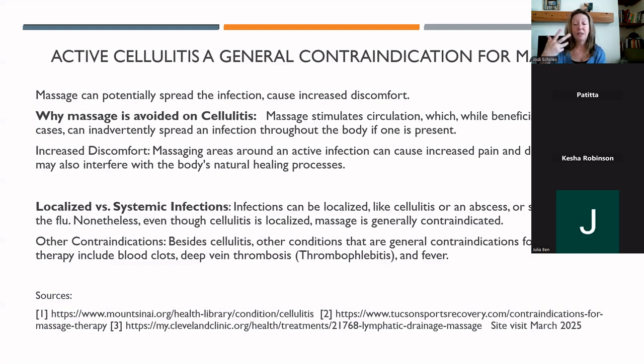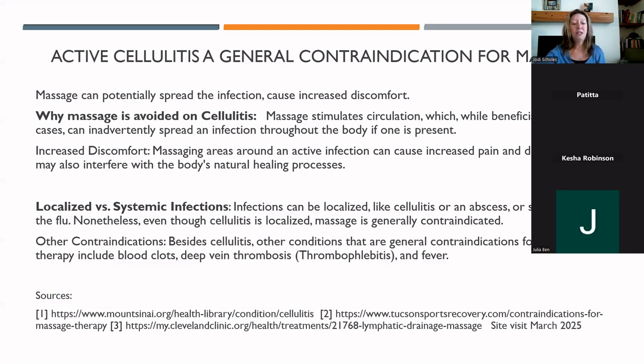Obviously, massage stimulates circulation, which is one of the benefits of massage, but that can spread infection. Not all the time, but sometimes. It would also be increased discomfort if you were to massage near the area. There'd be pain, and it can interfere with the body's ability to heal.